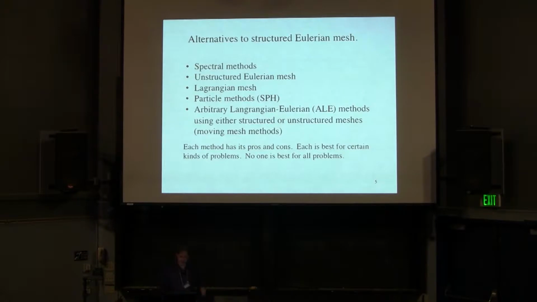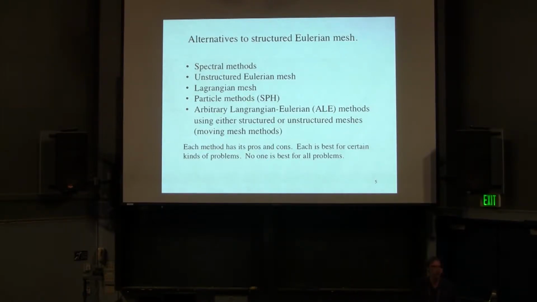So each of these methods has advantages and disadvantages. Each is good for a certain kind of problem. For example, spectral methods, from an applied math point of view, are beautiful methods. They have this exponential convergence: as you increase the number of spectral elements, the convergence rate goes up. But the problem with them is they don't treat compressible flows very well.